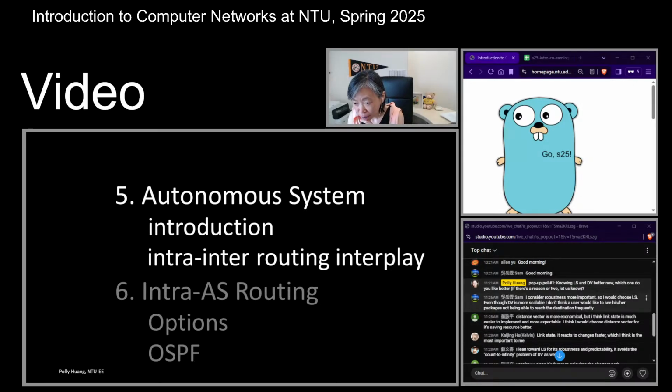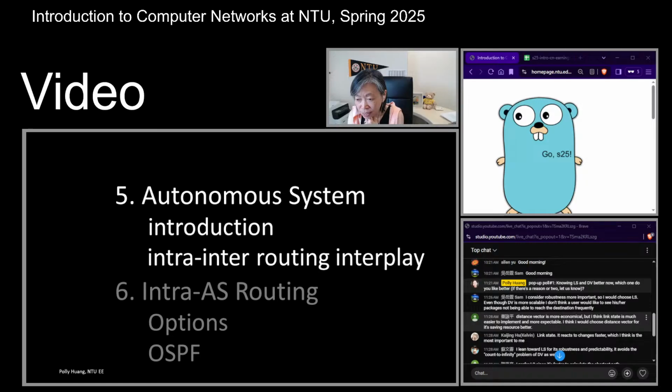So here's the answer from Team 1. Sam says, I consider robustness more important. As a result, Sam here chooses link state. Even though distance vector is more scalable, I don't think a user would like to frequently see his or her packets not being able to reach the destination.